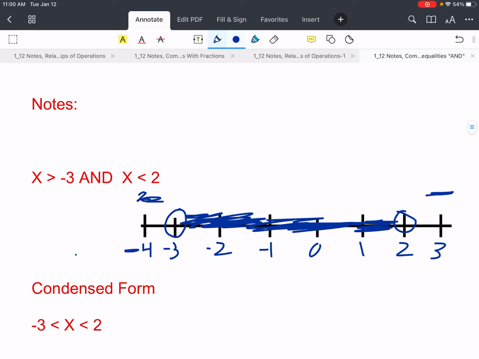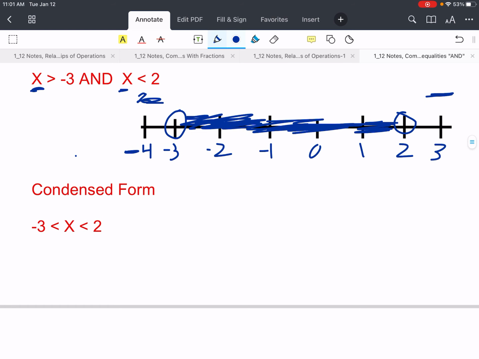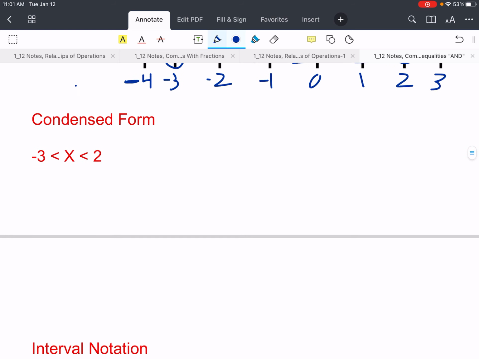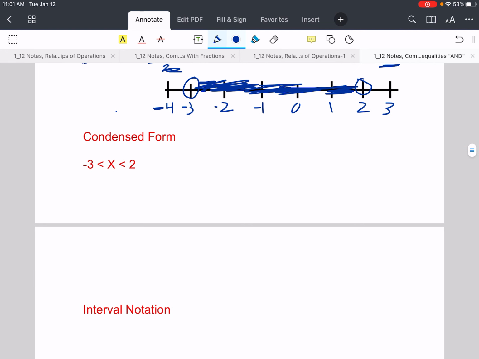When we are writing this inequality, we can write that in condensed form. We don't have to have the variable written twice like we do here. We can say that x is greater than -3 and less than 2. And you will need to write in condensed form for your assignment today. Interval notation, it's actually, in my opinion, a little bit easier. We can see that these are empty circles, so we're going to be using parentheses.